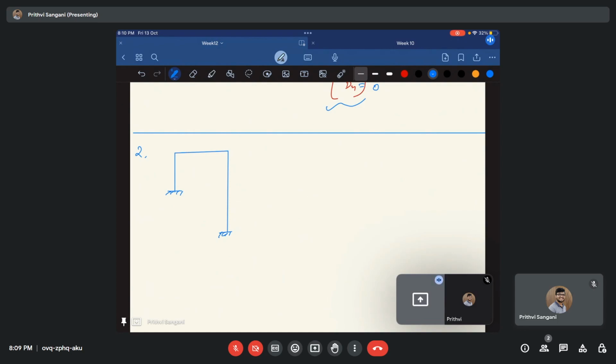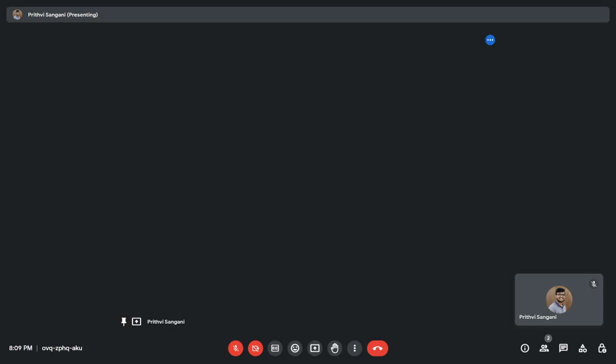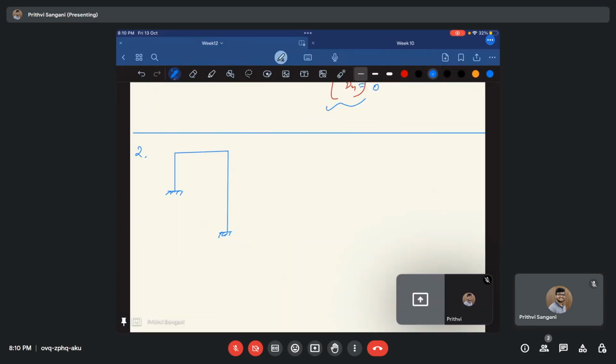You are given a load P, which is horizontal, acting like this.